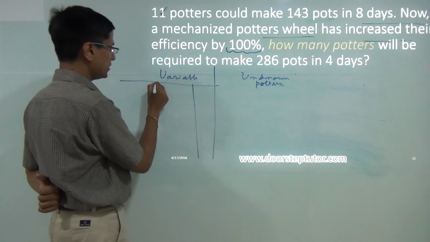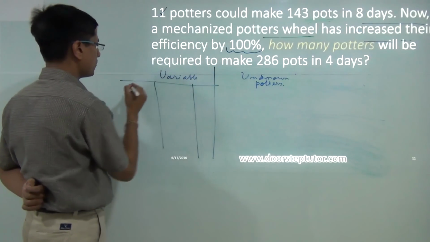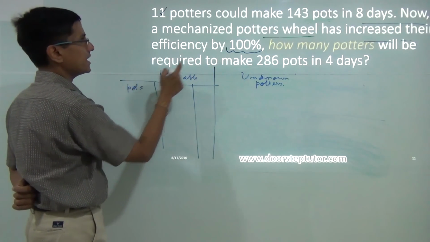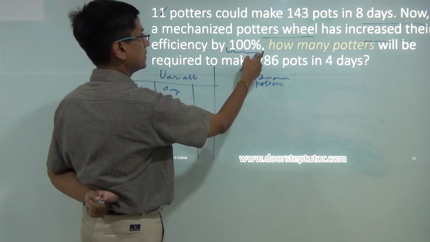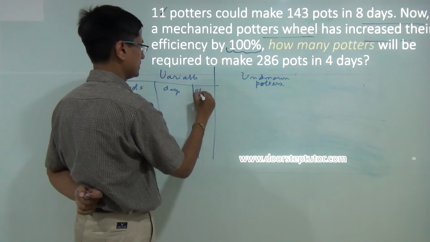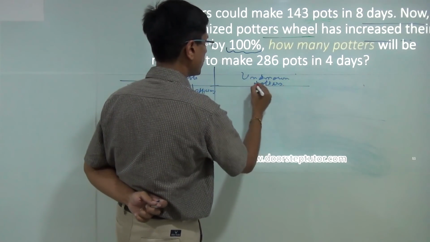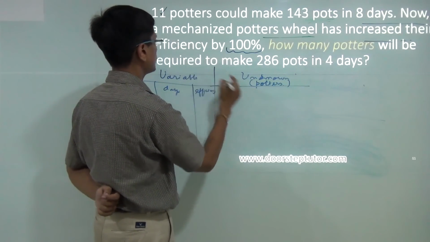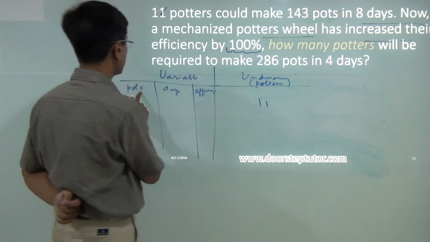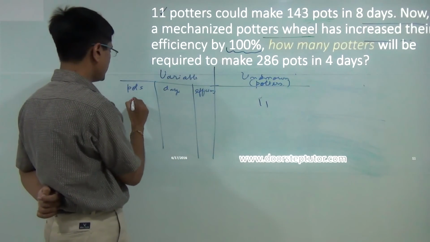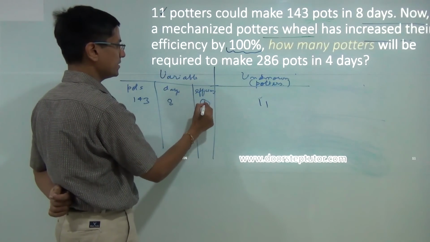The known values here are the number of pots, how many pots I need, days, and efficiency. And the unknown is the number of potters. So in the first row it would be 11 potters, 143 pots, 8 days, and efficiency is 1.